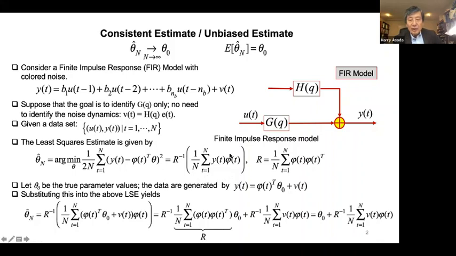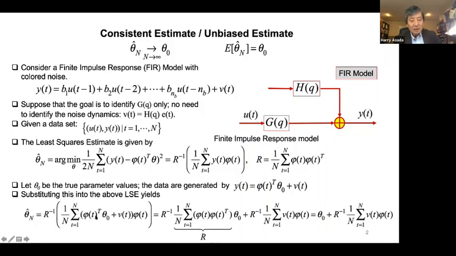Into this y(t), let's plug in this expression, because this is the true measured y(t), and it comes from the process of this model with the true parameter values. Substitute this into the estimate, and you get this expression. Now we can distribute this into two terms.